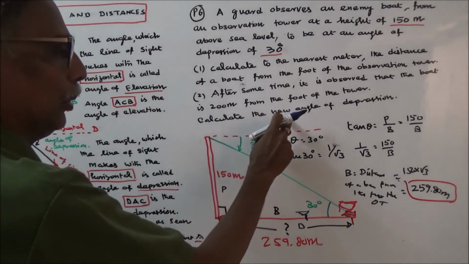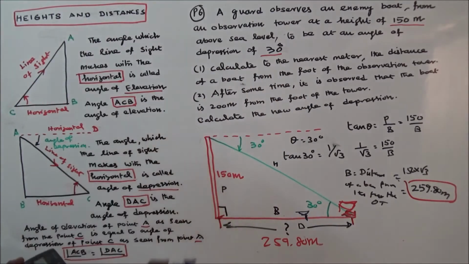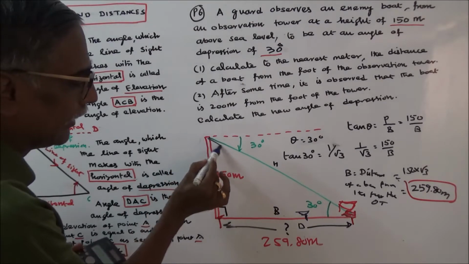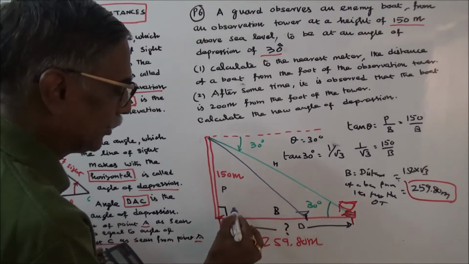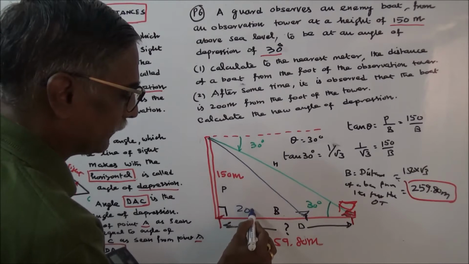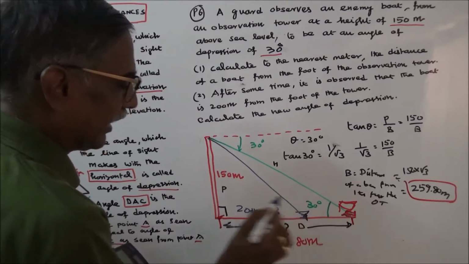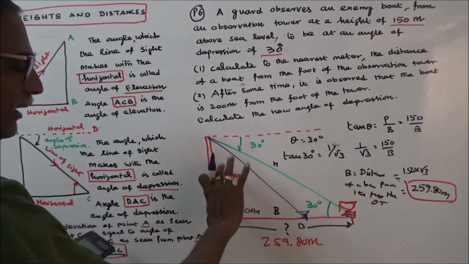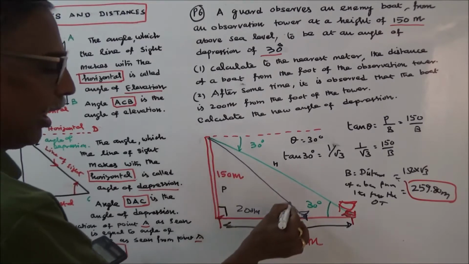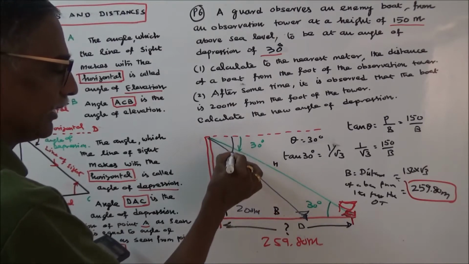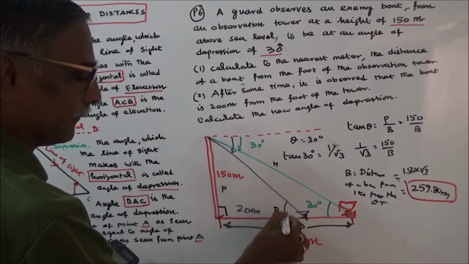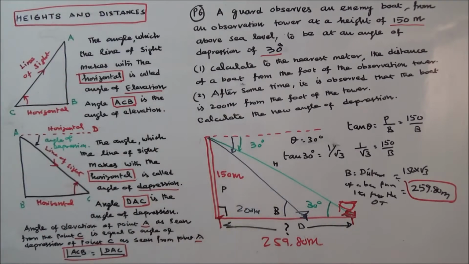Calculate the new angle of depression. This is another triangle, with 200 meters and 150 meters. What is the angle of depression?